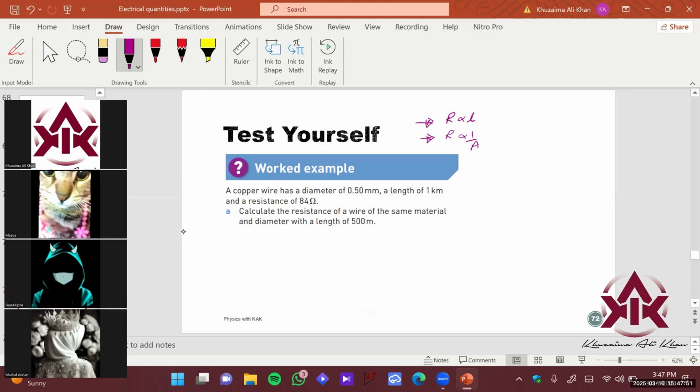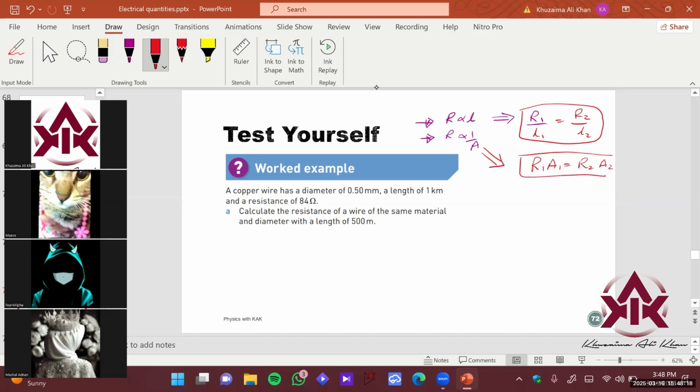And from this you have R1 upon L1 equals R2 upon L2. And then from here you had the equation R1 A1 equals R2 A2. Okay, now solve the question here.